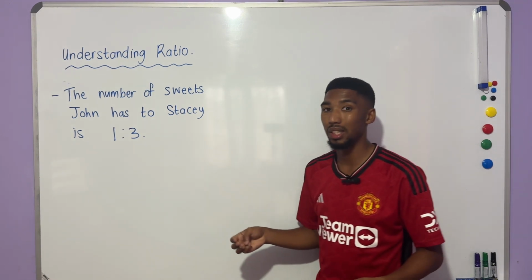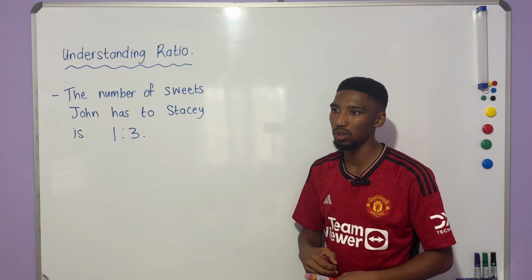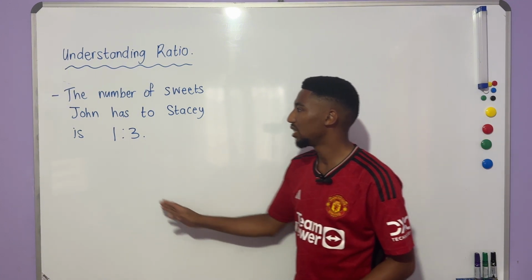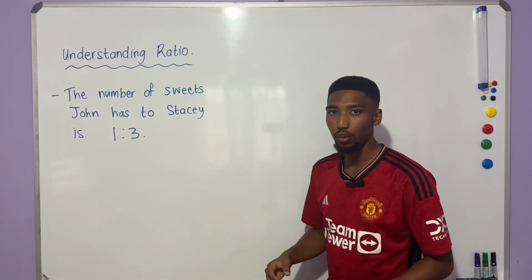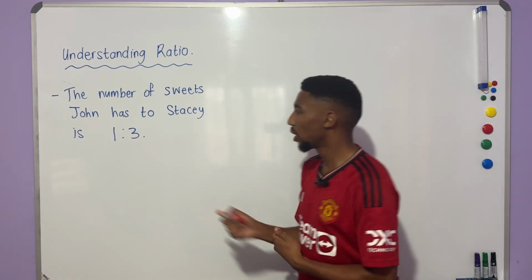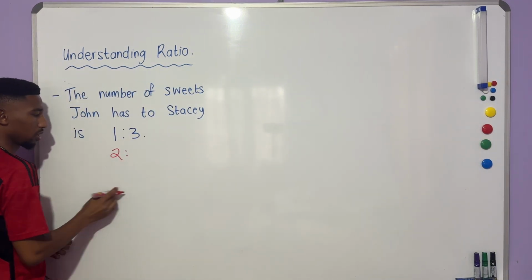But that won't always be the case. In grade 8, yes, it will stay basic. But to fully understand what's actually happening, let's say on any given day John has 2 sweets.